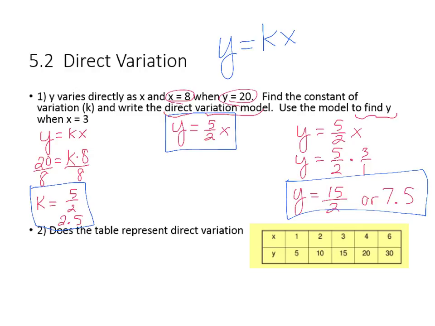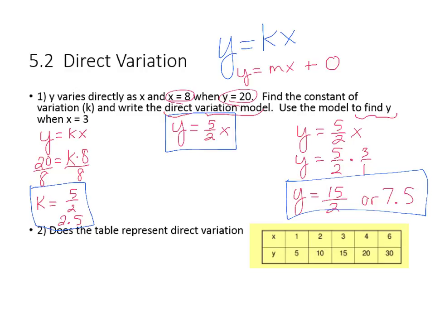Does this table represent direct variation? Well, for it to be direct variation, it has to have this constant. We call it a constant of proportionality, but this is really, if you'll look at this y equals kx, basically slope-intercept form. But instead of a b, well, the b must have equaled 0.